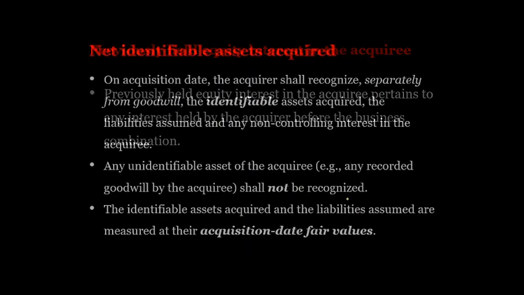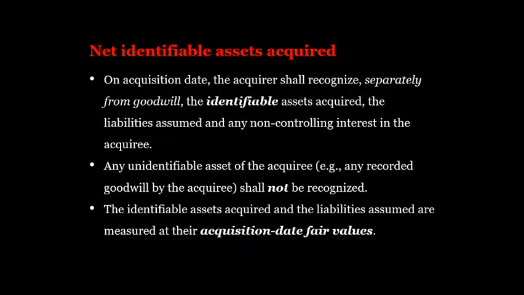Ching! Net identifiable assets acquired. Okay, acquired, yung binili mong net identifiable assets. When we say identifiable, shortcut lang. Most of our assets are identifiable except for goodwill. Yun. Di tapos.